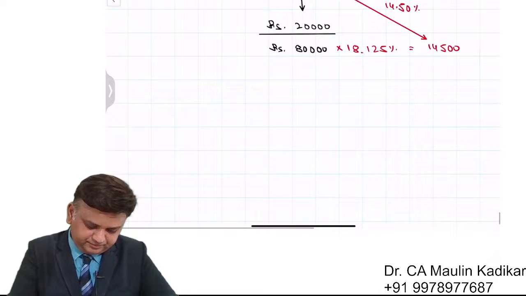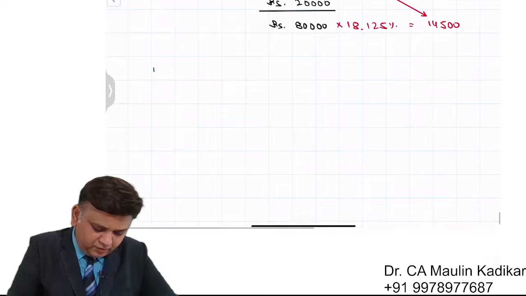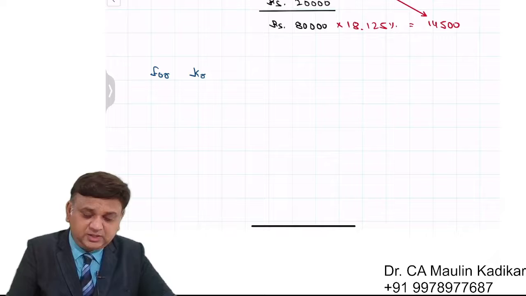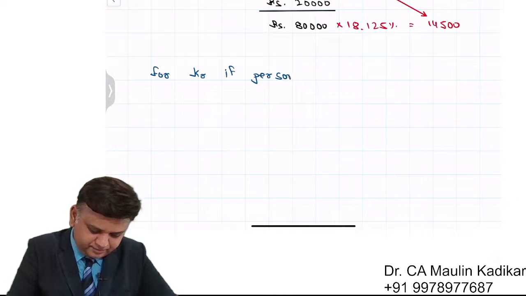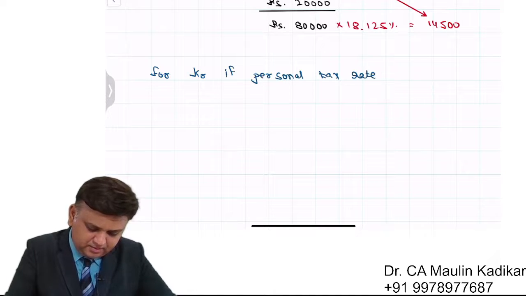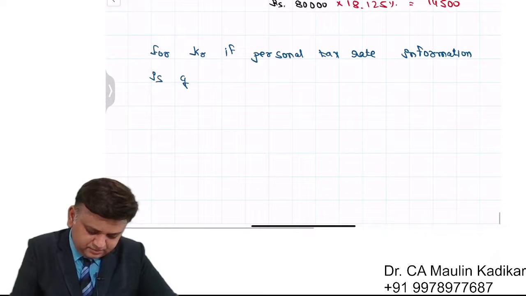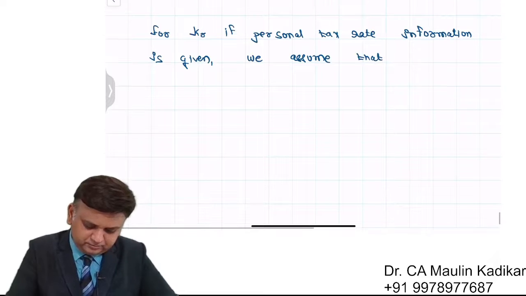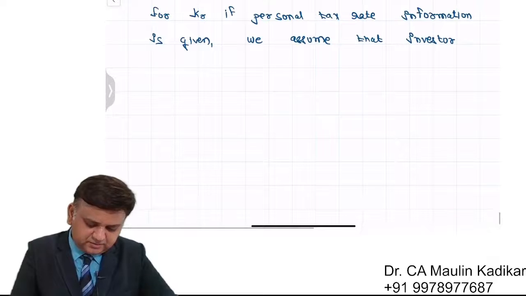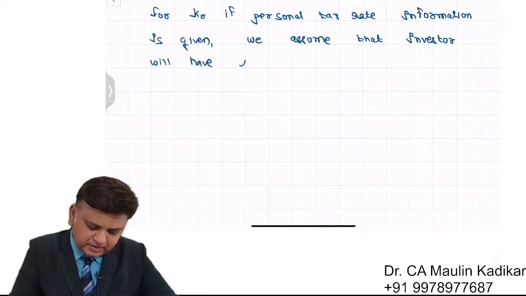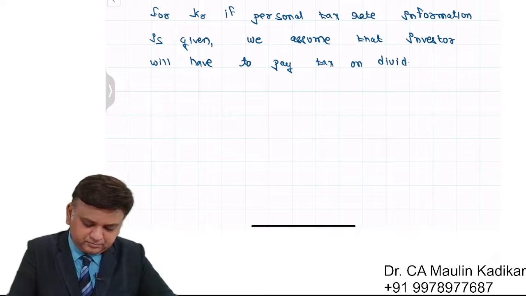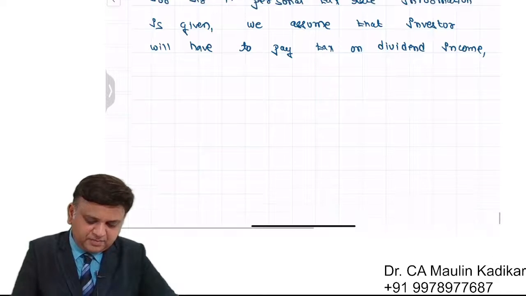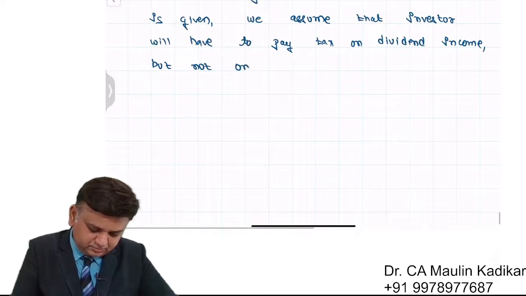Write a small explanation. For KR, that is cost of retained earning, if personal tax rate information is given, we assume that investor will have to pay tax on dividend income, but not on capital gain.